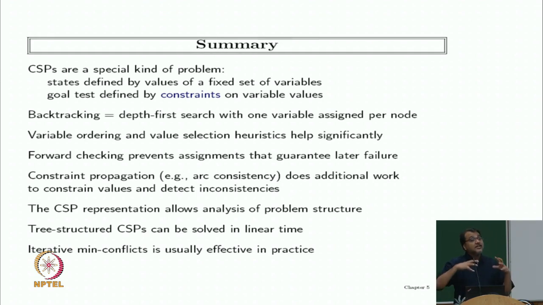CSP representations can also allow faster algorithms if there are specific kinds of problem structures, and we talked about tree structured CSPs that can be solved in linear time, and we also talked about cut set conditioning, where I can convert a general CSP into a tree by a little bit of effort. And then we said that we did all this with systematic search, but we can also do this with local search, and typically it will scale better. There is not that much more to tell you about local search, so we didn't go into the detail of that. Okay.